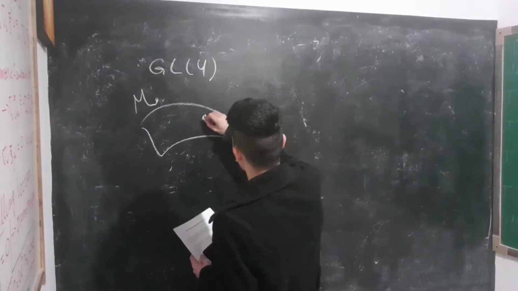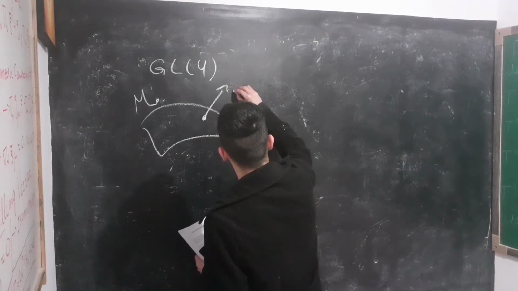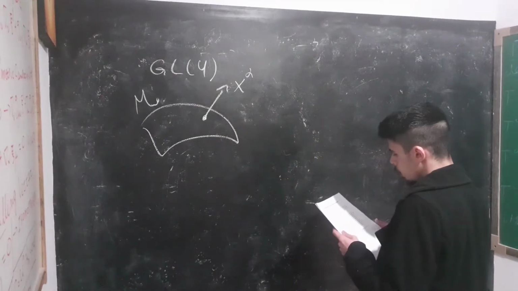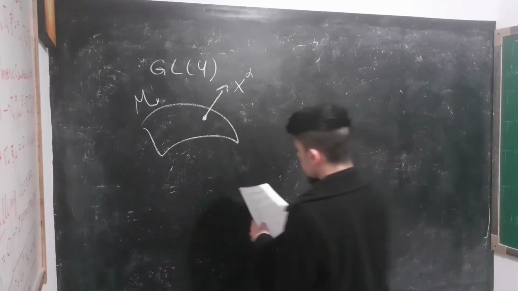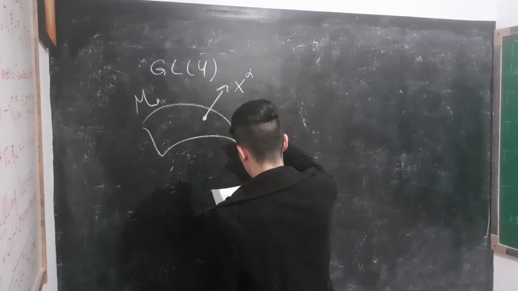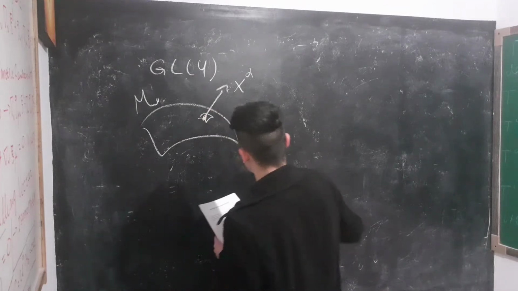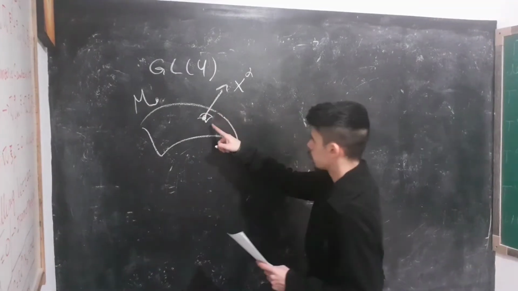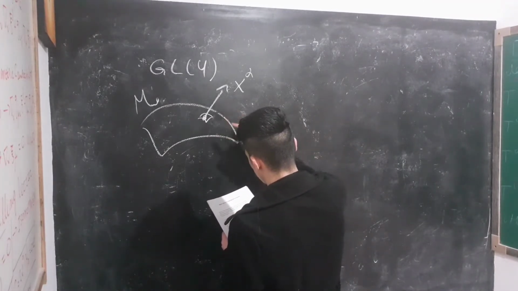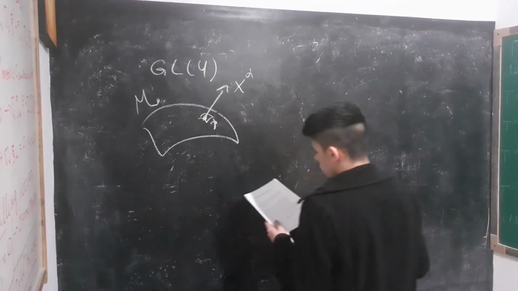So if I take a vector here, I don't know, x alpha, at exactly just this point, the manifold is exactly approximated by its tangent space at that point, let's say P, right?